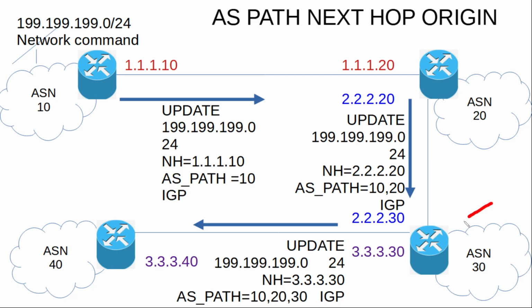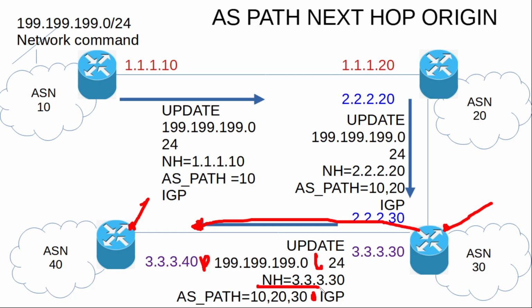Now, this device here is going to receive this update, is going to process it. It is going to also advertise this update to its downstream neighbors, in this case to this device here. This update will have this prefix. It is the same prefix. The length is the same. The origin is the same.